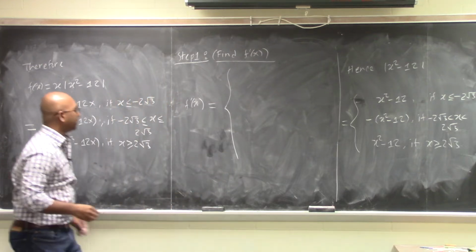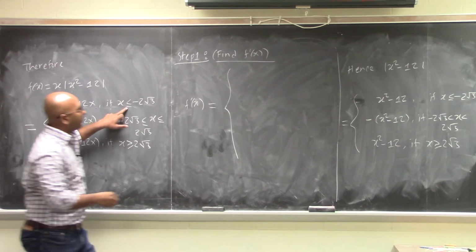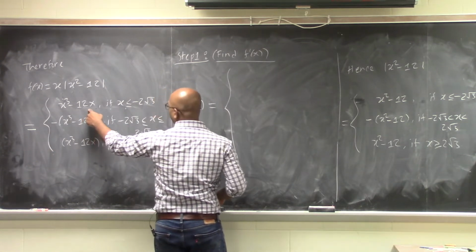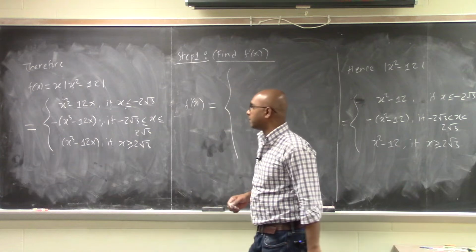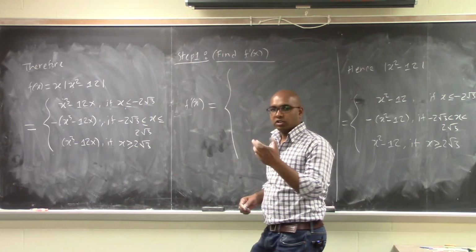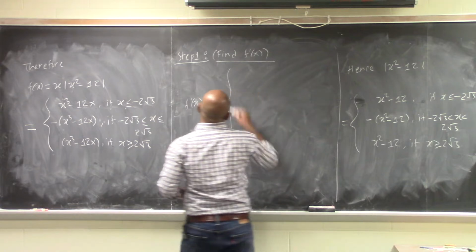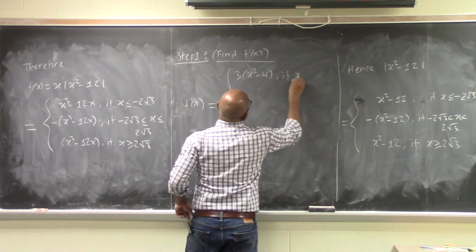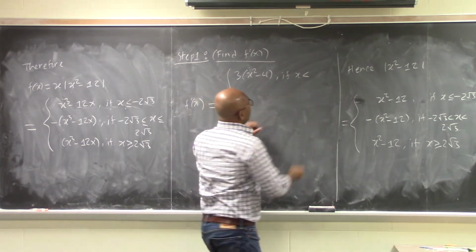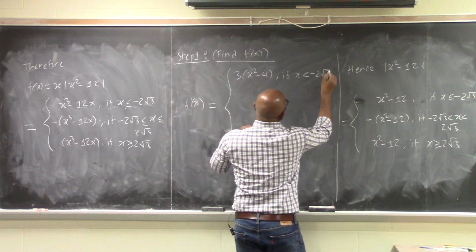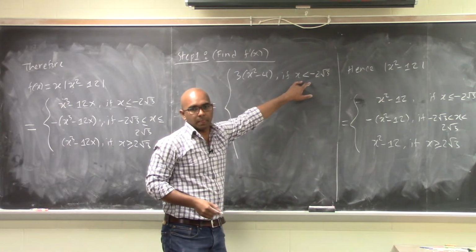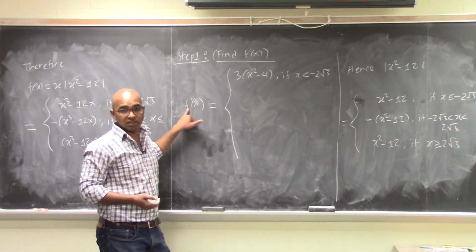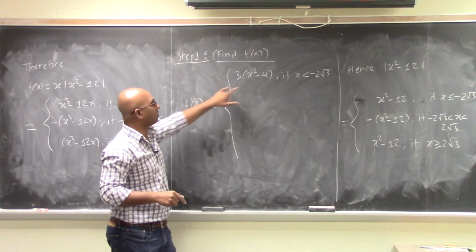So if x is less than negative 2 root 3, then the derivative of that is 3x squared minus 12, right? And we can factor out 3 from those two terms. So this is 3 times x squared minus 4, okay? If x is less than, notice right now we are having strict inequality. We are not including negative 2 root 3 because at negative 2 root 3 f prime does not exist. And in fact that's the thing you need to write in the next line, okay?